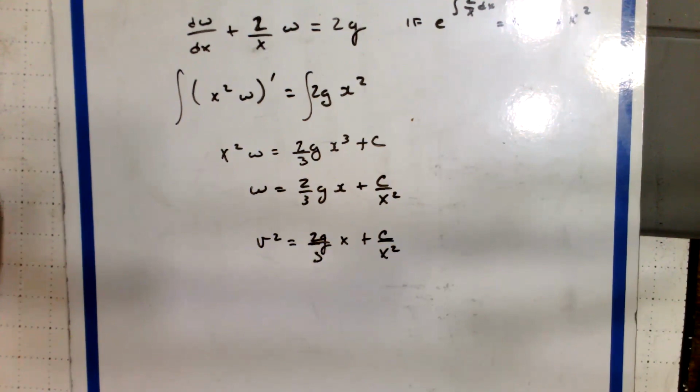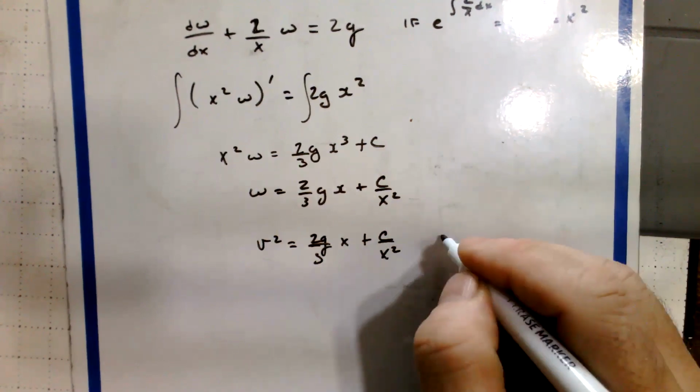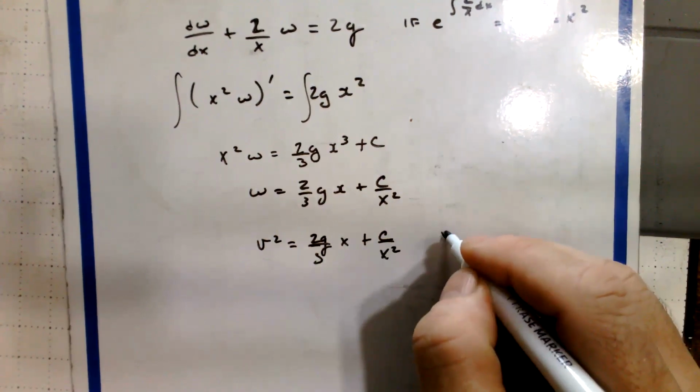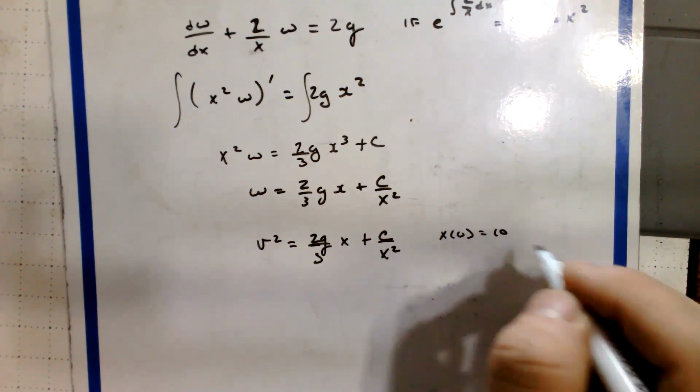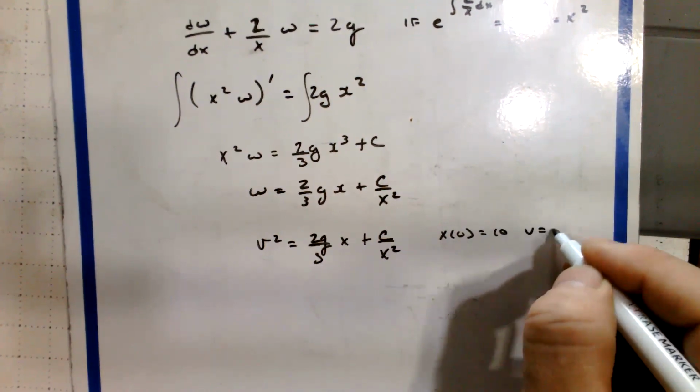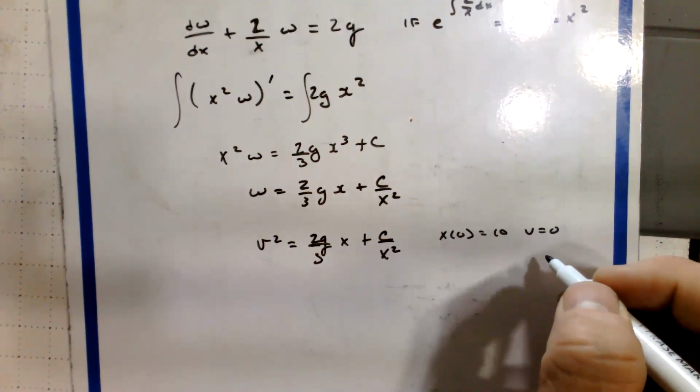Let's see, what were the initial conditions? At t is 0, v is 0, and x of 0 is equal to 10 feet.